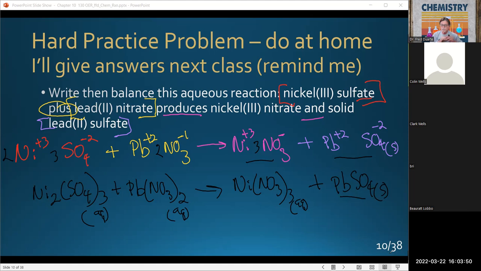That will aid you in balancing these reactions. Remember, we talked about the polyatomic ions. We keep those as a unit. We don't separate them when they have their own specific name. The sulfate has its own name, the nitrate too, and we can use that property to follow them and balance them out properly.